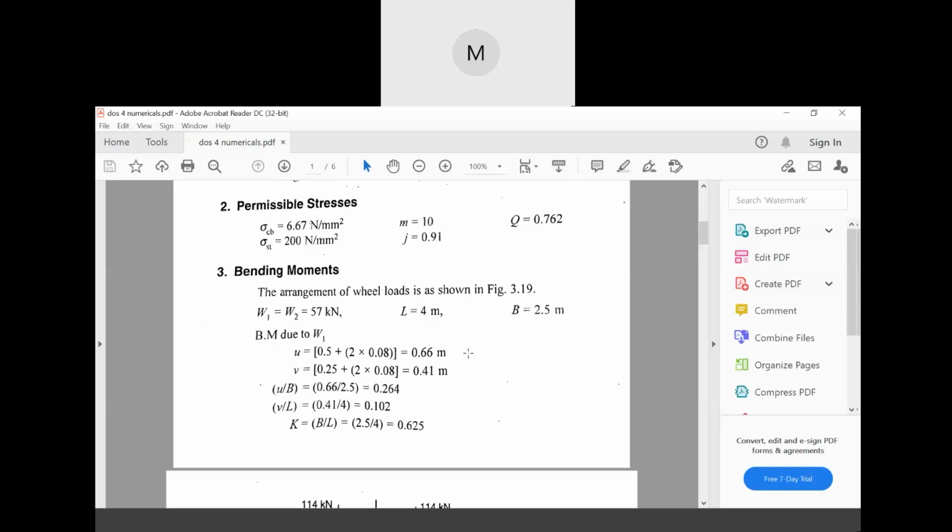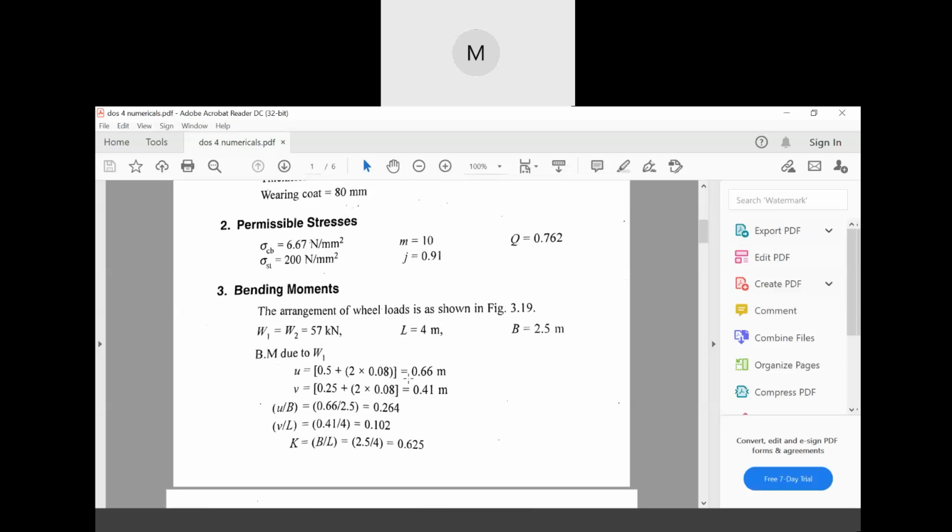Now, U by B ratio and V by L ratio you find out. After finding out u by B and v by L, you find out k equal to B by L. So please start noting it down. Once you are done, please let me know.